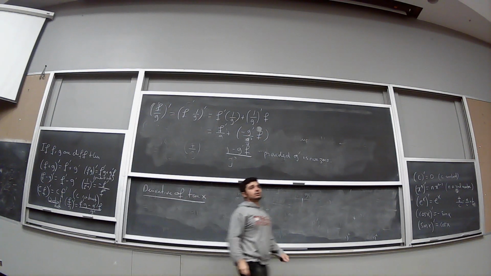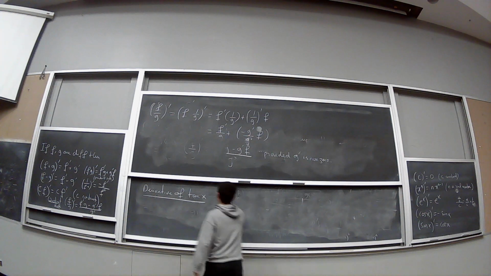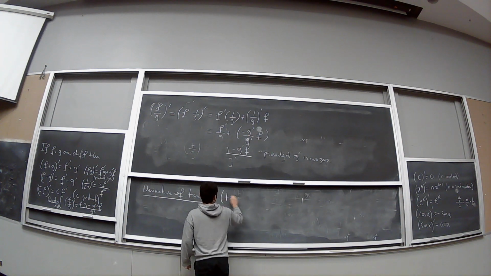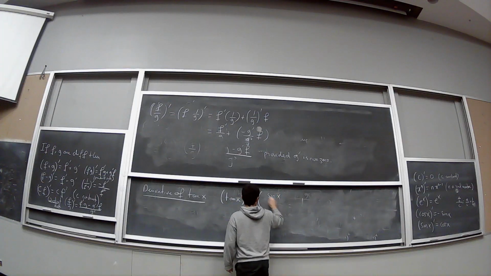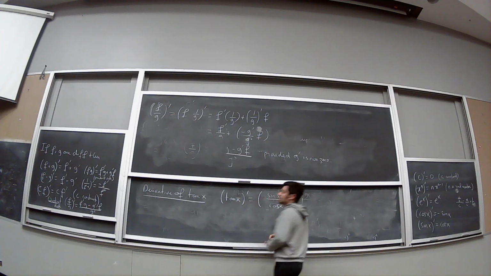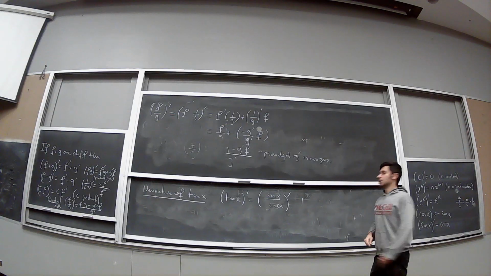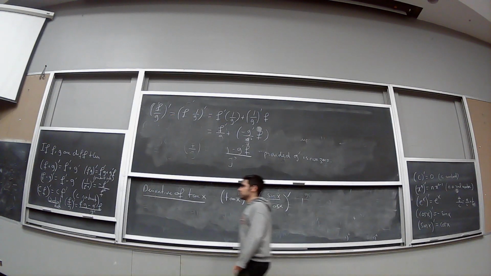What is tan x equal to? The derivative of tan x is equal to the derivative of sine x over cos x. Everybody, do we agree? Okay. What's the derivative of f over g?